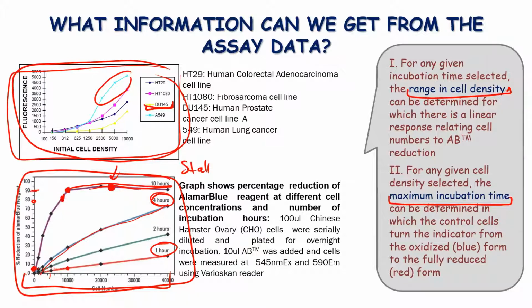You want to use cells that are actually showing the growth, okay? And usually it's 70 to 80% of confluency. And this is one of the methods to understand what timing and what seeding should be done for your particular experiment. Okay, so next slide.